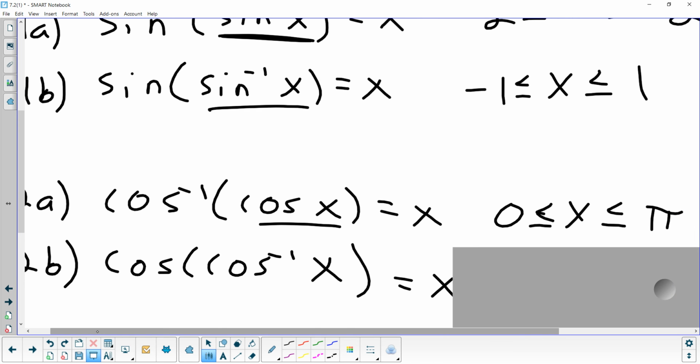All right, and what about the bottom one? If you do the cosine of the inverse cosine of x, you will get x, if you plug in a number between what?